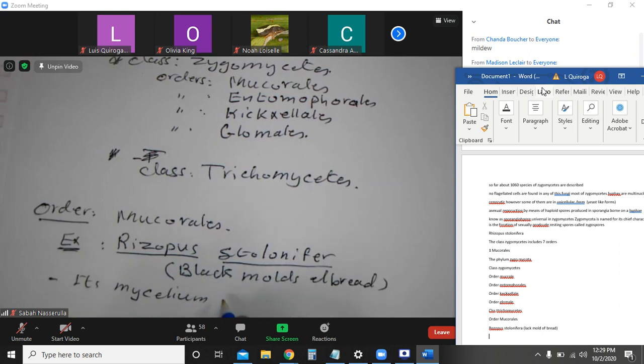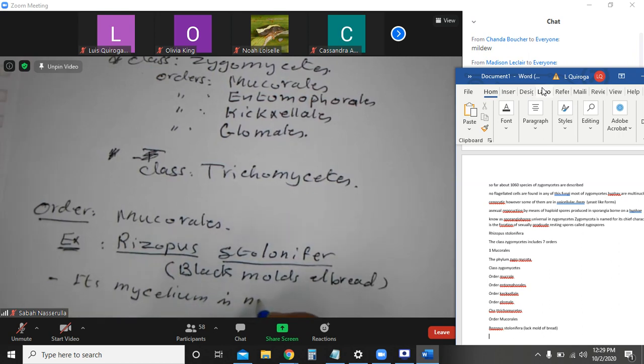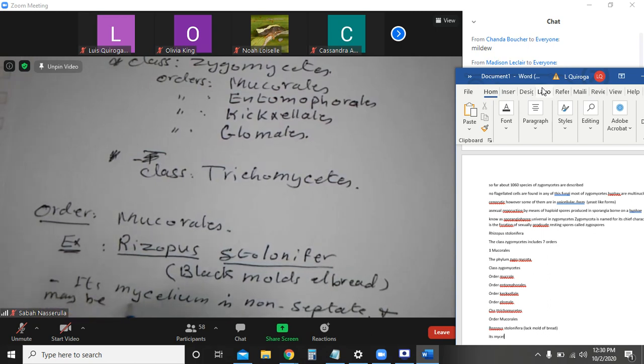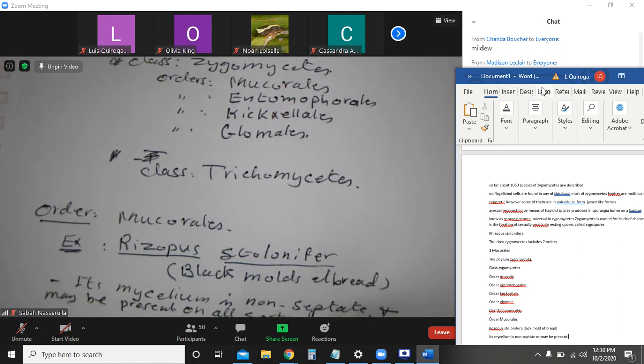Its mycelium is non-septate, and may be present on all sorts of organic matter.